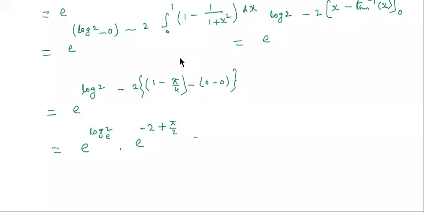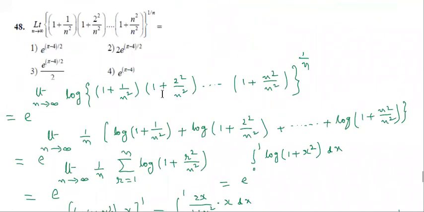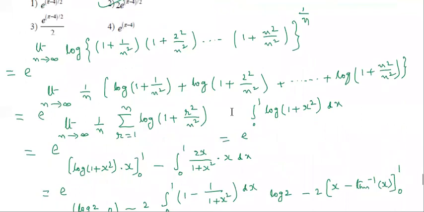E power log 2 to the base e is 2, into e power, take the LCM here, 2 is the LCM. So you will get pi minus 4 divided by 2. So verify the options. Which option is correct? The second option is correct.